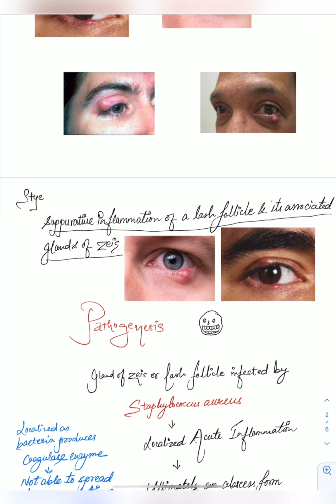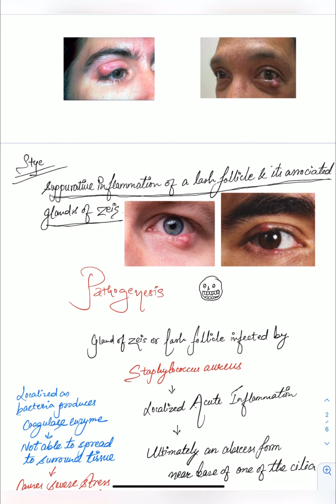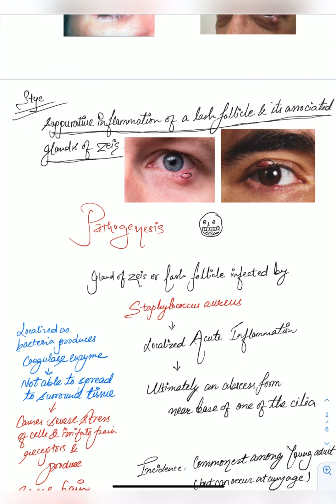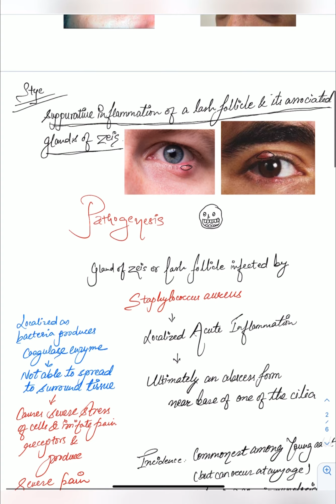Stye is the suppurative inflammation of the lash follicle and its associated glands. You can see here the same image that we have seen above. Now we know about the pathogenesis. Pathogenesis means how this occurs, how inflammation occurs.